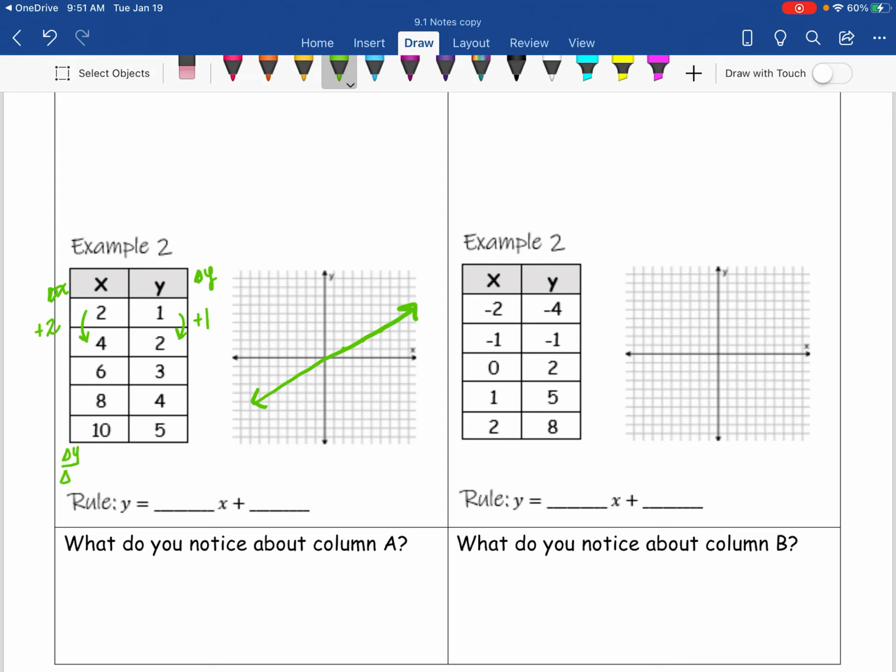Going to divide those to get my slope. Okay, so my slope is 1/2, and I'm going to leave it like that. For slope, we prefer a fraction to a decimal. Okay, and then again, I have to work backwards in the table, by subtracting 2 in one pattern and subtracting 1 in the other, and that gives me a y-intercept of 0.